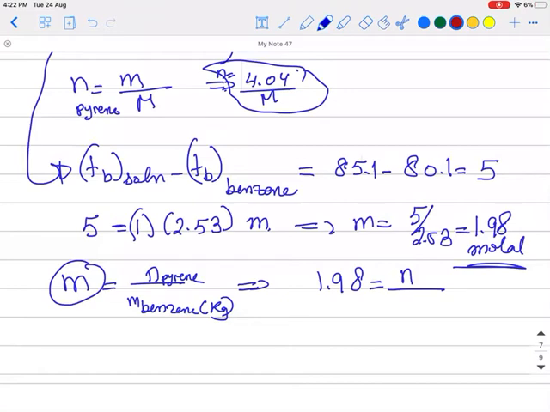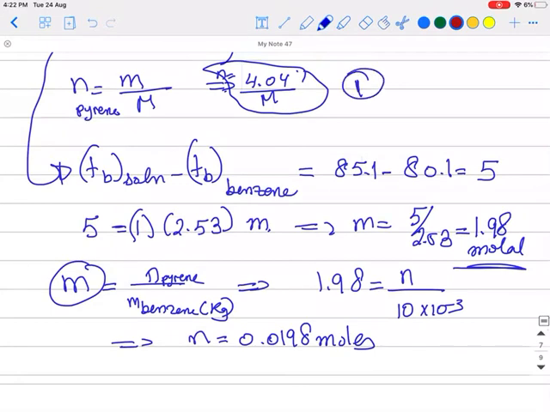The mass of benzene was given as 10 divided by 1,000, so 10 times 10 to the negative 3. So the number of moles after calculation is 0.0198 moles. I will call this 1, and this is 2.